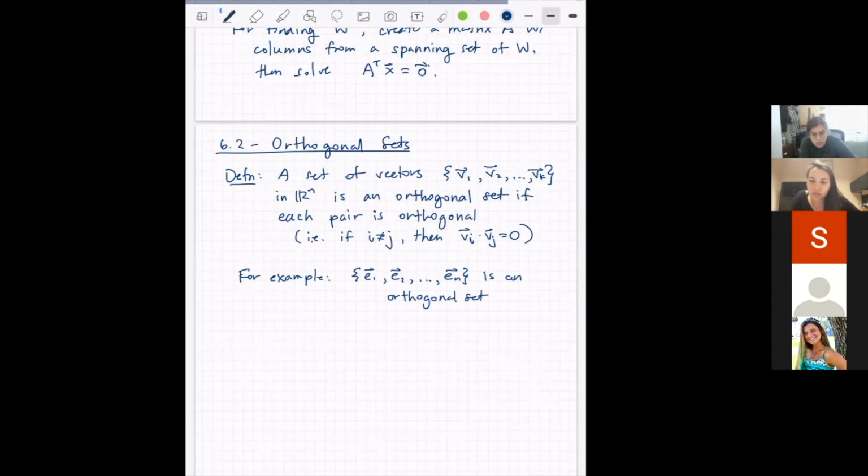Each pair is orthogonal. We have a notion of two vectors being orthogonal, and that means their dot product is equal to 0. So if we take a pair of vectors, we just check by taking the dot product. If that is 0, then they're orthogonal.